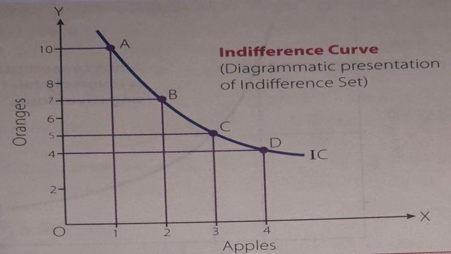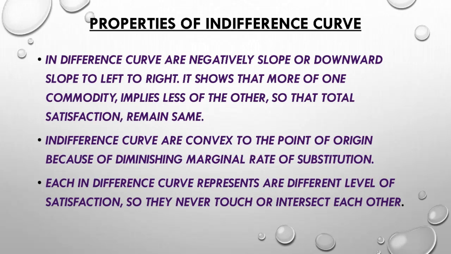And the third property of this curve: each indifference curve represents a different level of satisfaction, so they never touch or intersect each other. Number 4, a higher indifference curve represents a higher level of satisfaction, that is, it represents more satisfaction than the lower one.